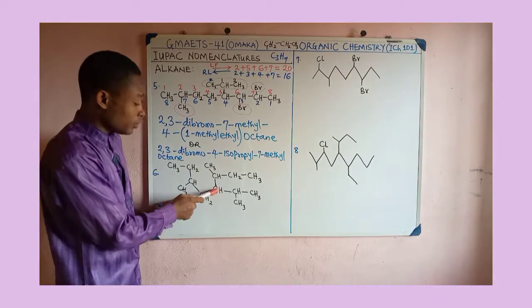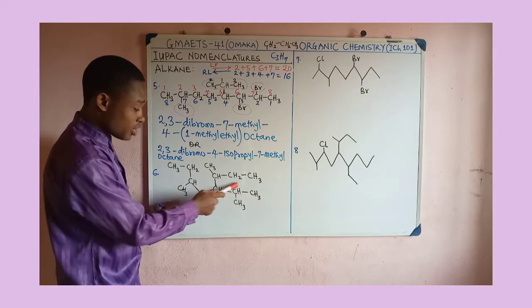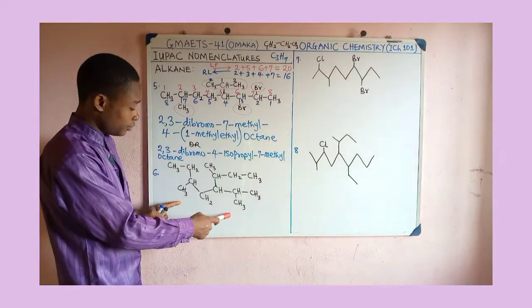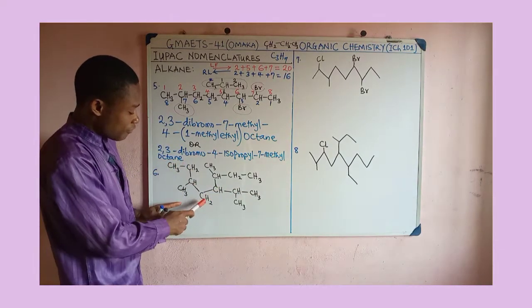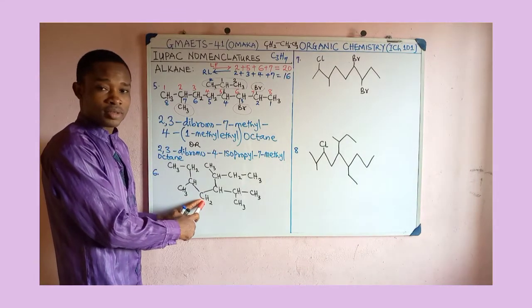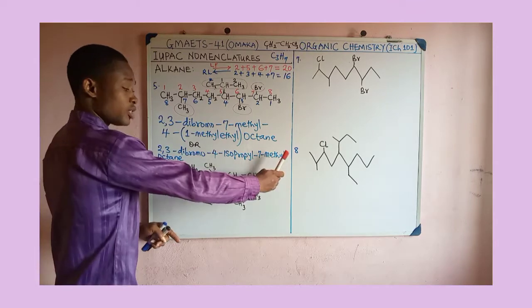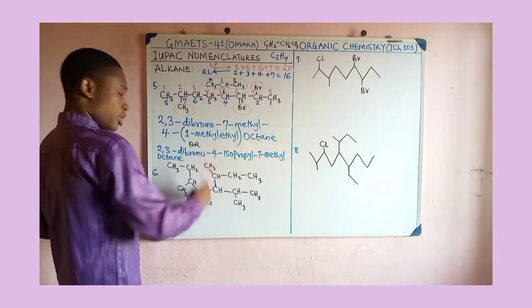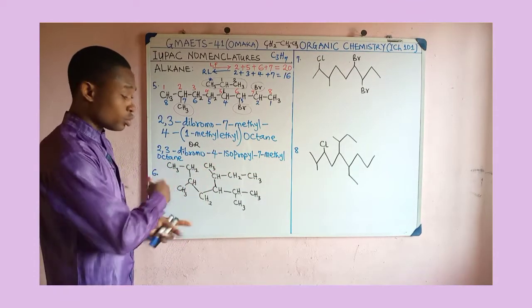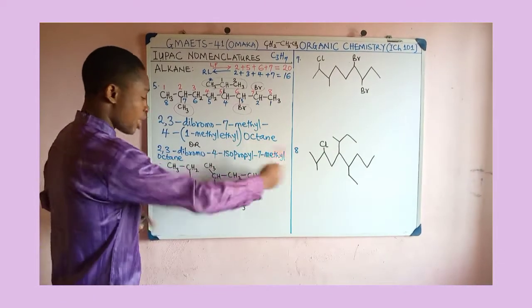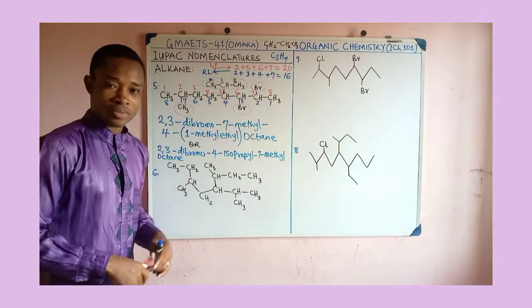But if you go further, on the fourth carbon atom, you have this whole attachment. Is that okay? But if you come this way, on the fourth carbon atom, there is no attachment. Therefore, the correct order of counting would be from this side, alright? Coming this way. You can just go through, number everything, maybe left to right, right to left, and check the lowest sum to the attachment.